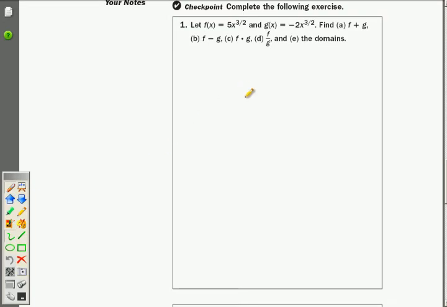All right. Welcome back. F plus g, if I got these two things, they have the same powers, which is nice. So part A here is 3x to the 3/2 power. And the domain of that thing, because it's to a half power, can't have negatives in there.